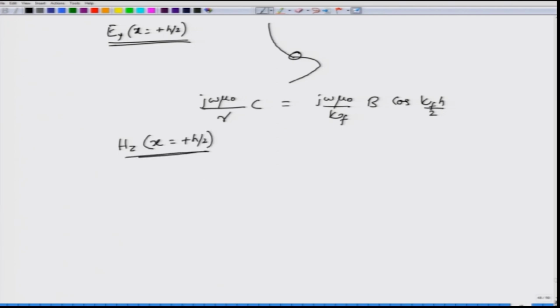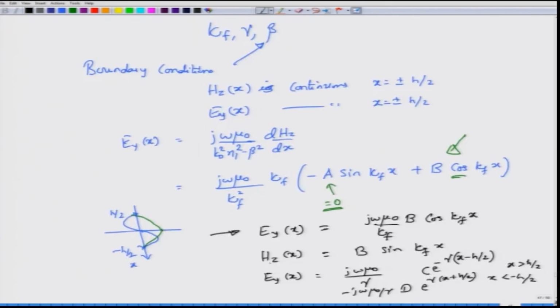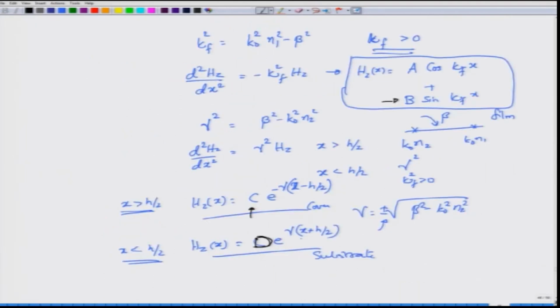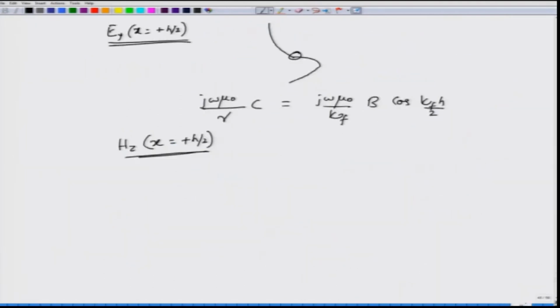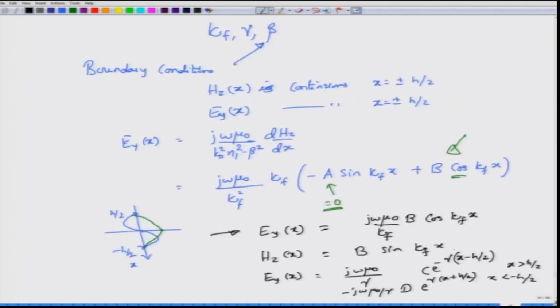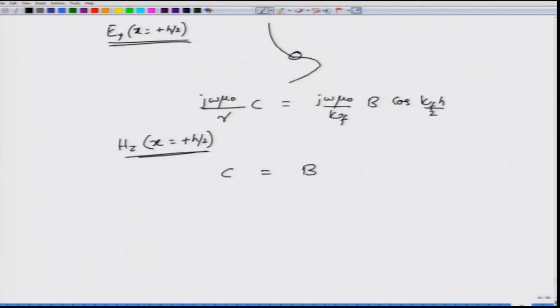Coming in from the evanescent side or the cover side, Hz at x equal to h by 2 would be c itself, which will be equal to, on the film side, b sin kappa f h by 2. So, I have these two equations.